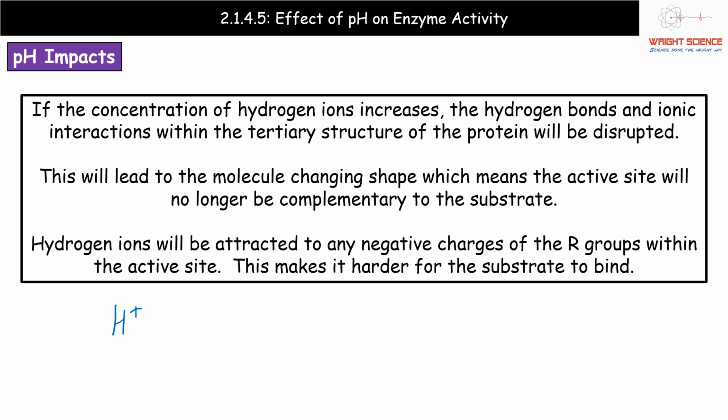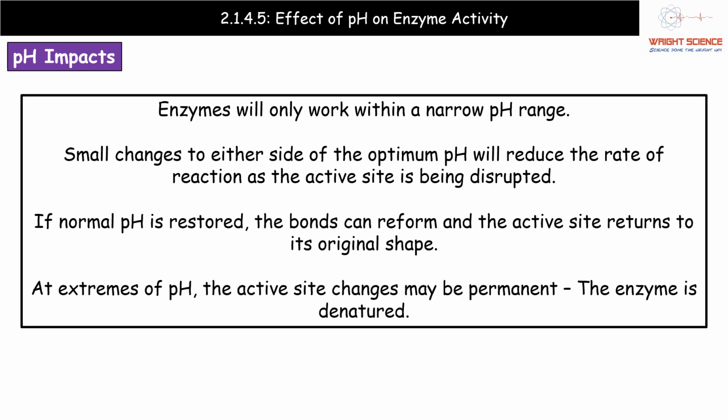Now, if you imagine what we've now done is attach hydrogen ions onto those R groups, we've also created a little bit of a barrier, if you like, for the substrate. So we've just put a little bit of a barrier in the way, making it harder for the substrate to bind, because the hydrogen ions are now binding with the negative charges of the R groups.